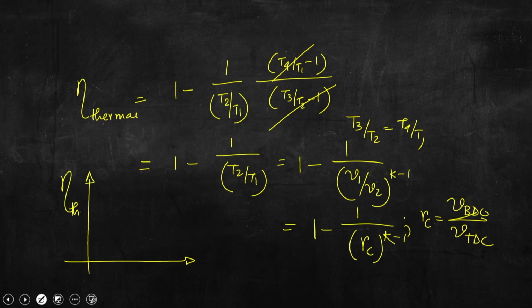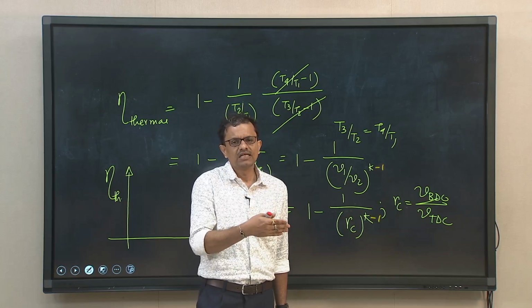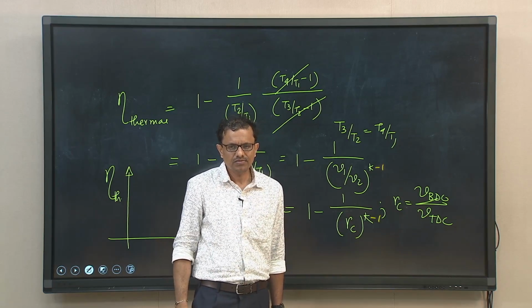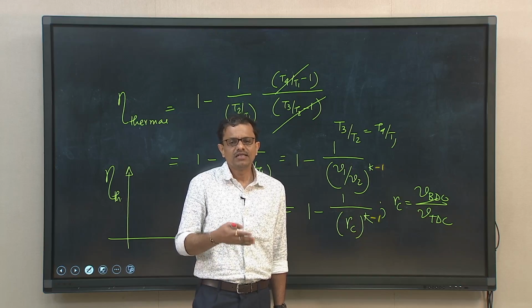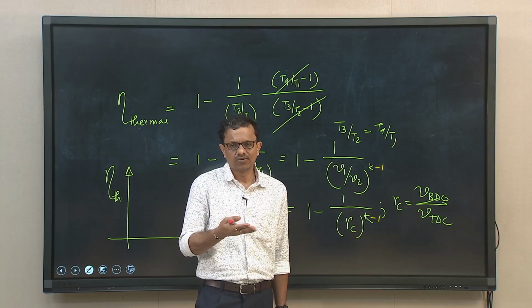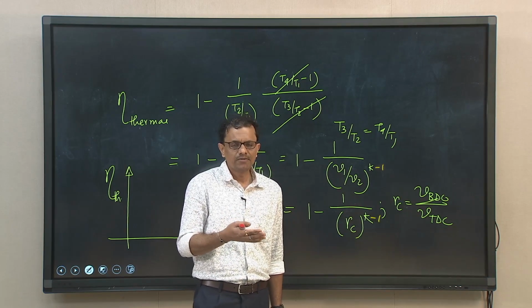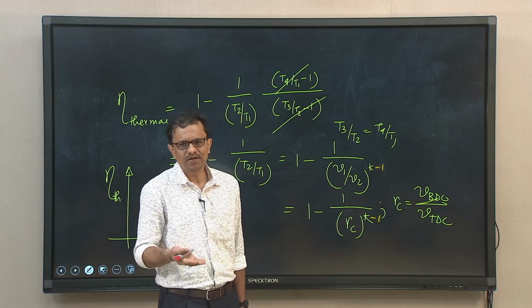So, what we can see from here is if we try to plot the indicated thermal efficiency versus compression ratio. Now, why is it indicated thermal efficiency? Because you know that we have estimated this efficiency considering the heat transfer to or from the air inside the engine cylinder. So, this is the efficiency which is indicated one. This is not the efficiency which is available at the shaft of the engine.